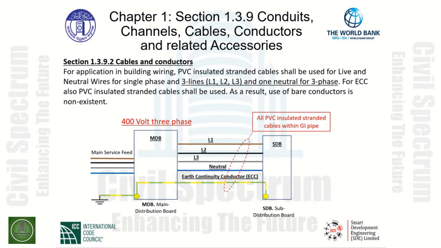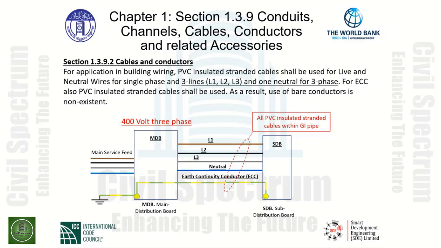An example diagram is indicated below for a 3-phase system. We have a 400 volt 3-phase system. Our main service feed comes into the left of the main distribution board. From the main distribution board to the sub-distribution board, we have a subfeed circuit consisting of 3-phase conductors, a neutral conductor, and our earth continuity conductor, the ECC.